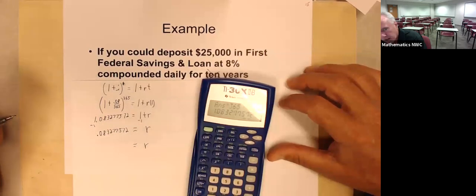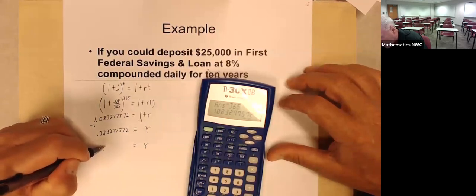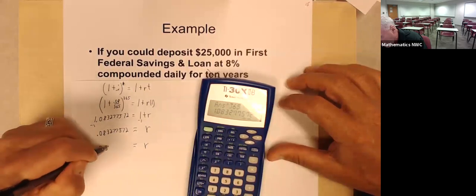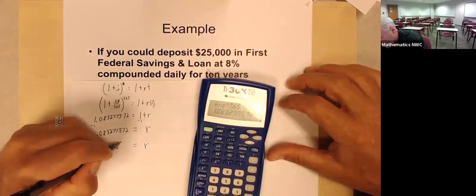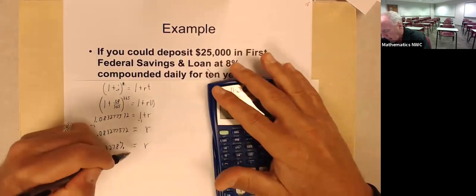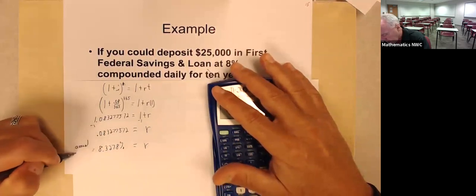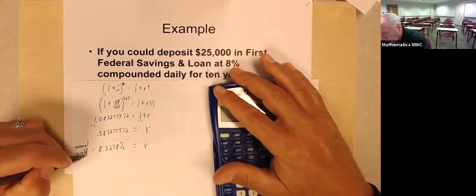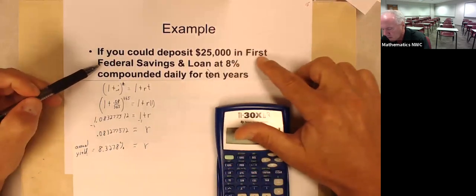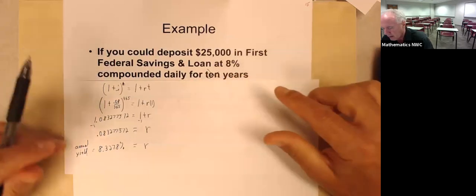Written as a percentage, that's going to be 8. I'm going to go now to 1 decimal place. I better go a few more. 8.3278%. That's my annual yield. That's my annual yield for First Federal Savings and Loan, 8% compounded daily.